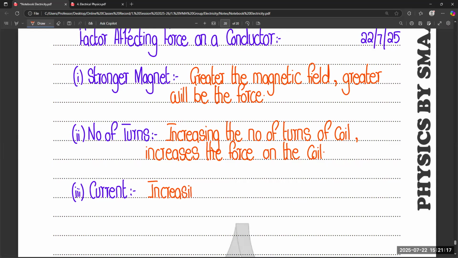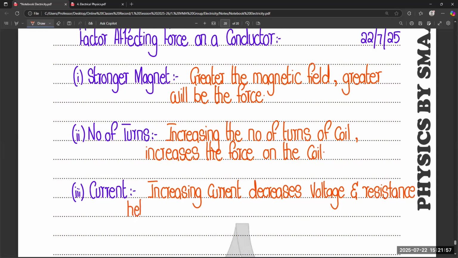Increasing current increases the force, and it helps to increase rotation of the coil.